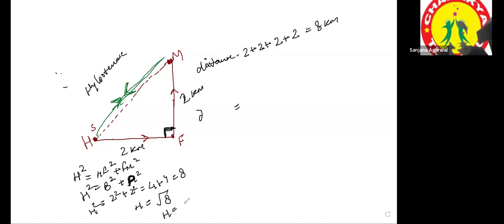So I'm writing it this way, 8 to the power of 1 by 2. Can you tell me what the value will be if I take it out of the root? It should be 2 root 2, right? And the value of root 2 is 1.4, I'm just writing 1.4 approximately, let's not make it too complex. The distance is 2.8. So my sister has covered how much distance? Only 2.8 kilometers.